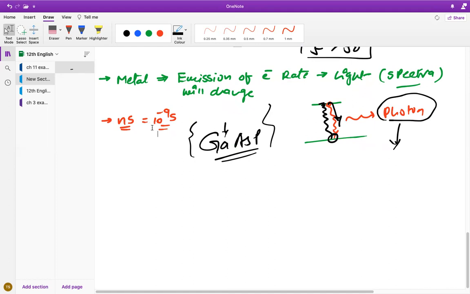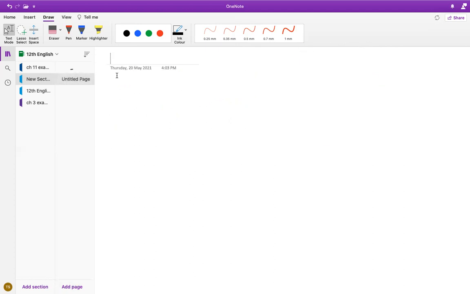So Albert Einstein brought out some formula. He considered this as an energy, or a quantum energy part. In the initial expression we utilized K equals eV0.